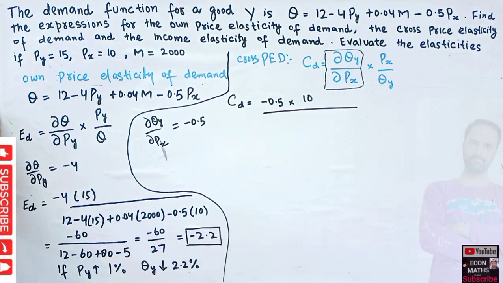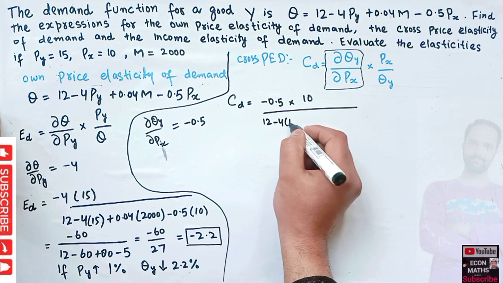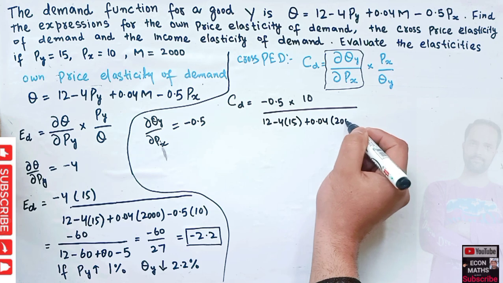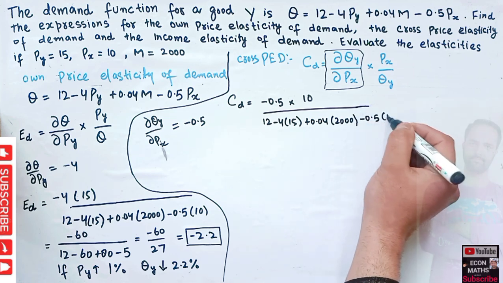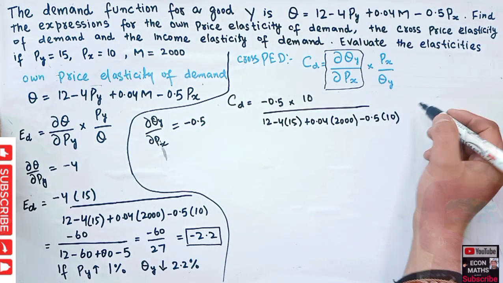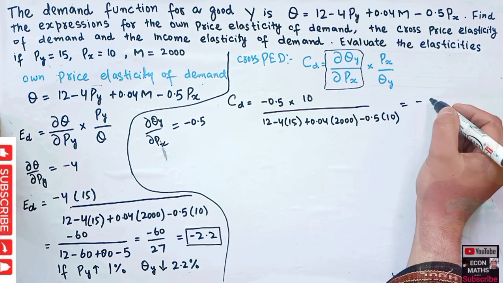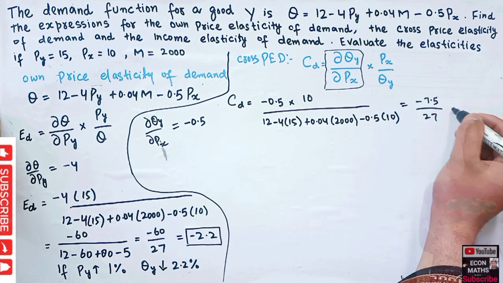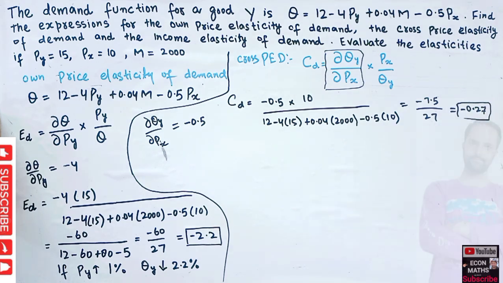So we again have this here: 12 minus 4 into 15 plus 0.04 of 2000 minus 0.5 of 10. When we evaluate this, we will get minus 7.5 upon 27, which comes out to be minus 0.27. So we got a negative value.